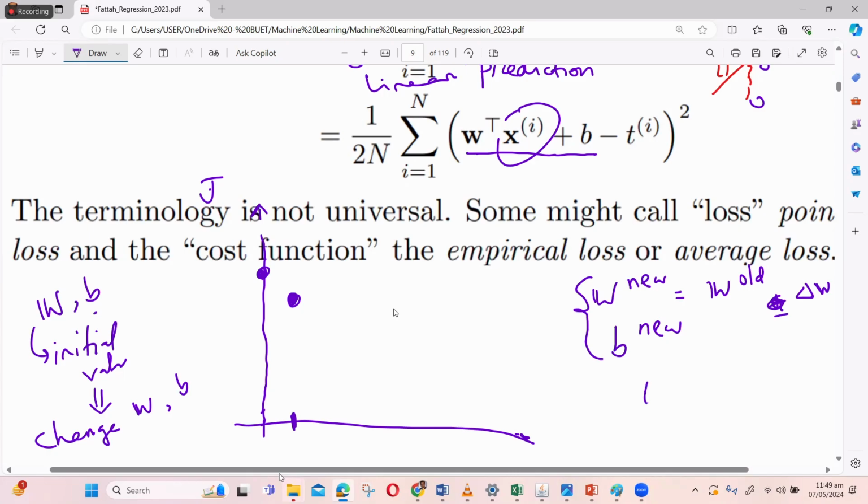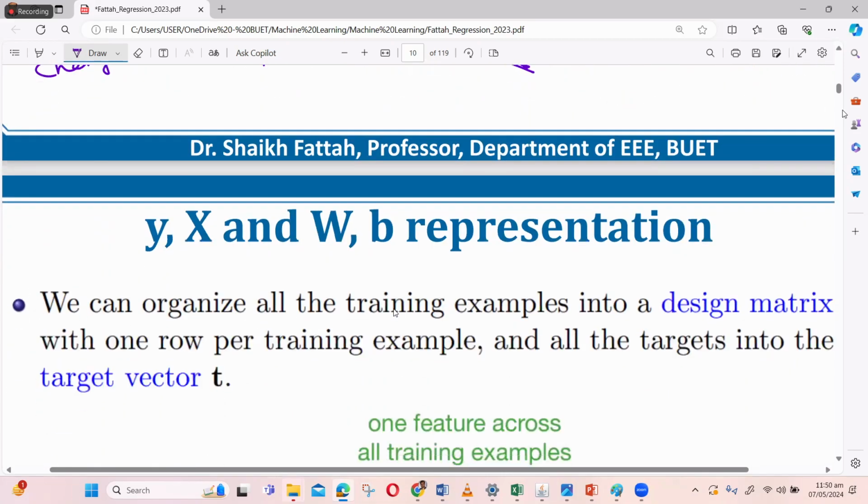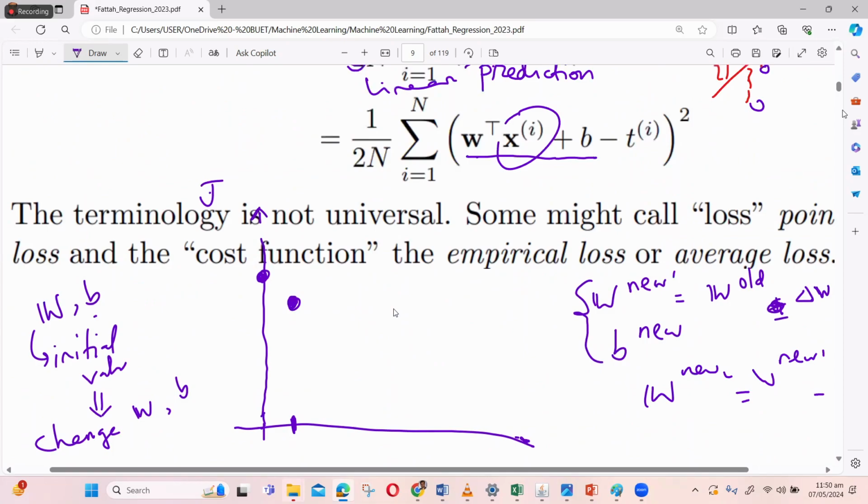So in this way, this is the new one, you can get another new one. You use the new one and subtract, then you get another value. Let's say you get the W here. So error is more or less. In this way, generally error will reduce, but after some time, it will increase. So this is your desired value of the W and B. This is our target.